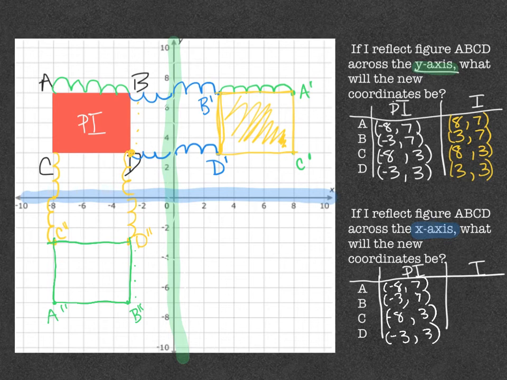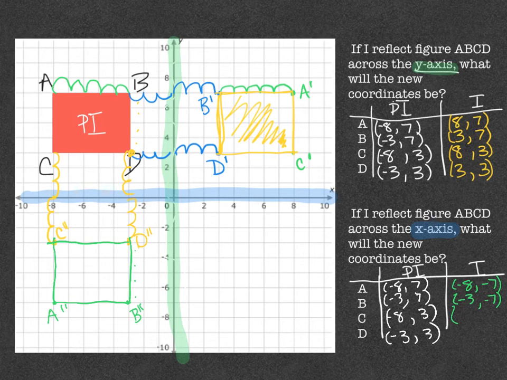What are our new coordinates? So our A is at negative 8 across, and it is at negative 7. Our B point is at negative 3 across and negative 7 down.